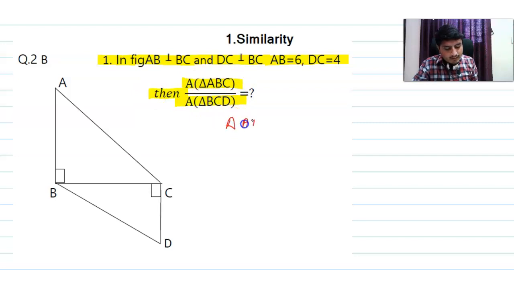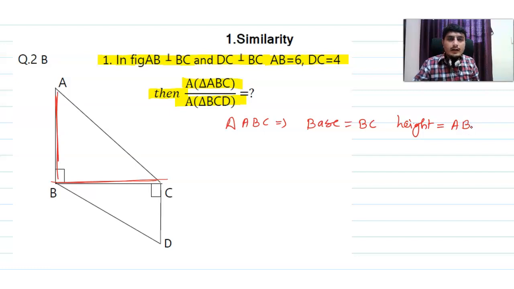Now look at triangle ABC, which is your base and height for the given triangle. Once we assume the perpendicular AB drawn on BC, BC becomes the base and the perpendicular AB becomes the height of triangle ABC.